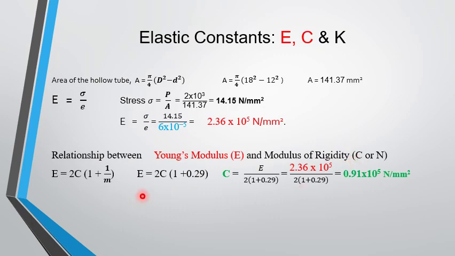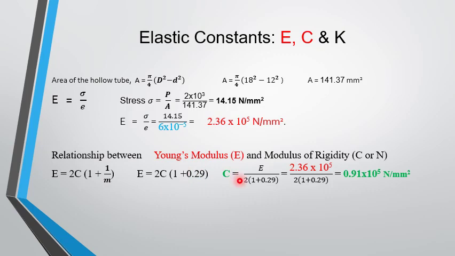Next, the relationship between Young's modulus and modulus of rigidity or shear modulus, C or N. So the relationship between E and C, we can find C, that is called shear modulus or modulus of rigidity. So E is equal to 2C into 1 plus 1 by m. So 1 by m is the Poisson's ratio, that is 0.29.